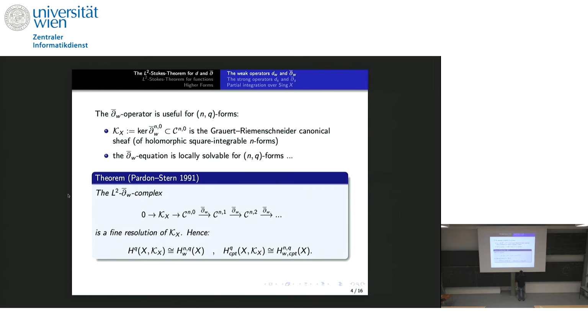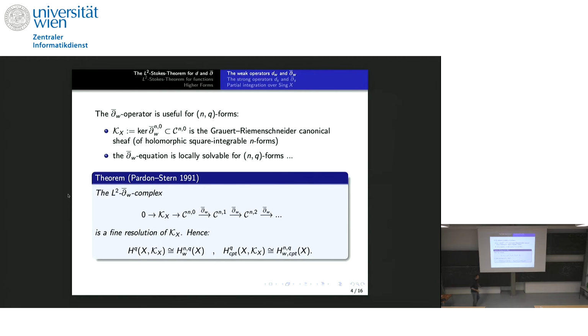coherent? If you take any resolution of singularities, then the Grauert-Riemenschneider canonical sheaf is just the direct image of the canonical sheaf on the resolution, and by Grauert's direct image theorem, it's then coherent. This is true because the L2 property for n forms remains invariant under modifications just by the transformation law.